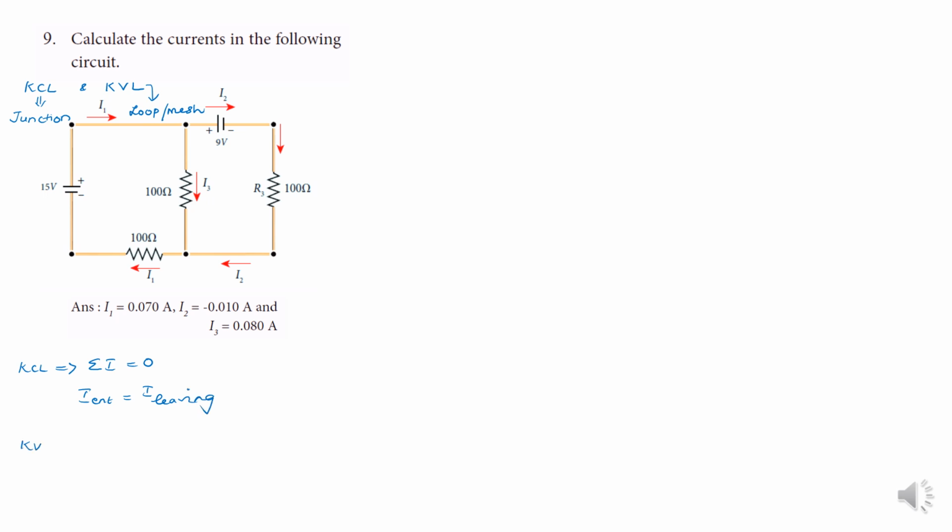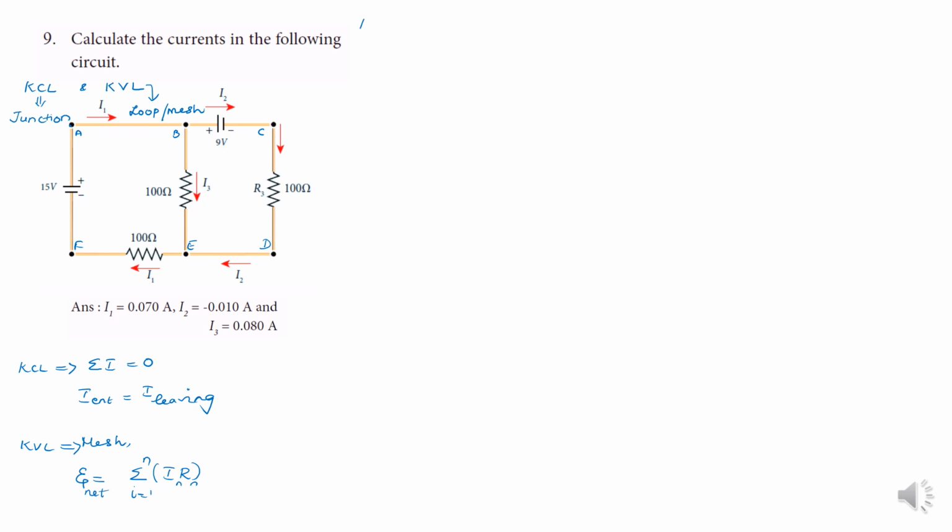And Kirchhoff's voltage law states that for a mesh or a loop, the net EMF is equal to the sum of the product of current into resistance, for i equal to 1 to N. Before starting, we have to name the nodes A, B, C, D, E and F.